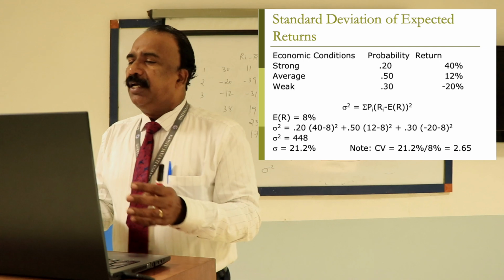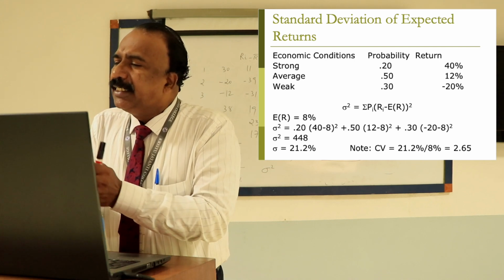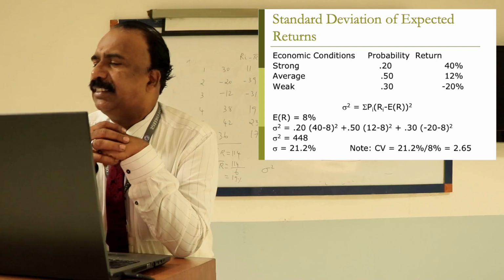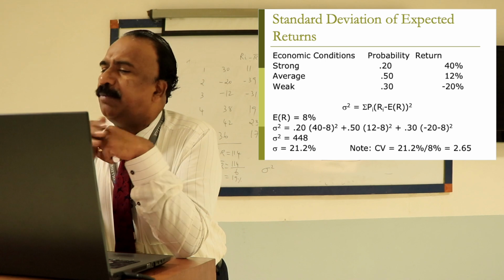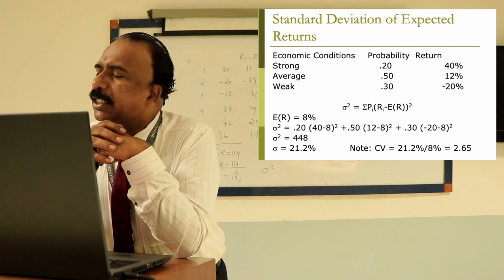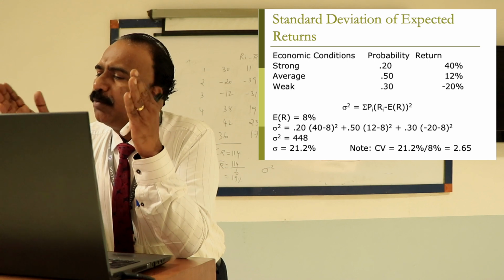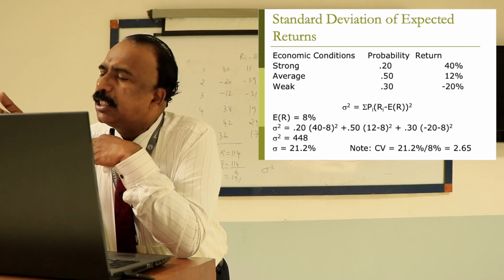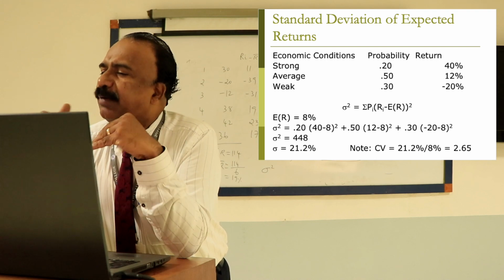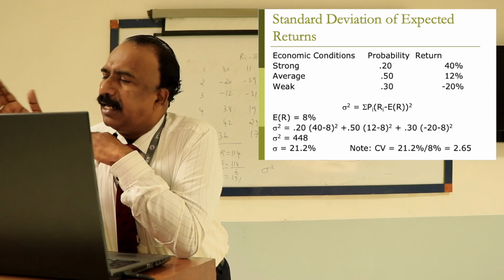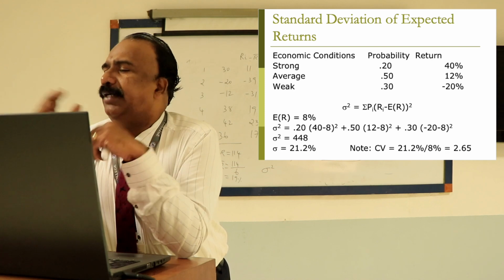So what does it mean? There is a 20% probability that he is likely to get 40% return. In normal economic condition, he is expecting 12% with 50% probability. In the weak condition, the recession period, he is likely to get minus 20% return with 30% probability.